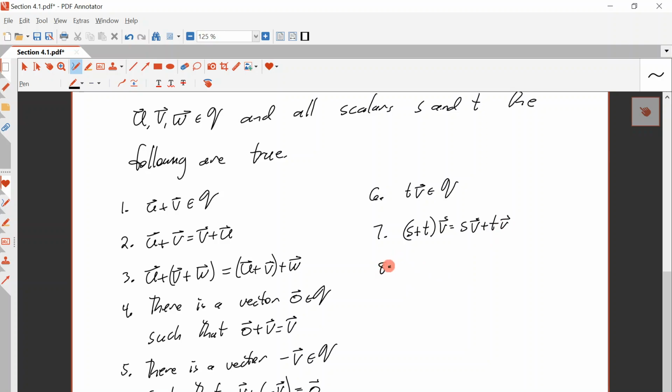So you have this type of distributivity. 8, s times (u plus v) is su plus sv. You have this type of distributivity. So scalar multiplication distributes over vector addition, and scalar addition distributes over scalar multiplication. And 9, last one, the scalar 1 times v is just v.